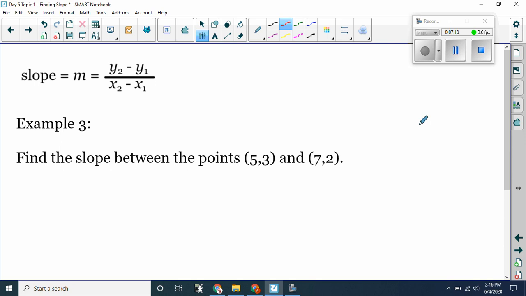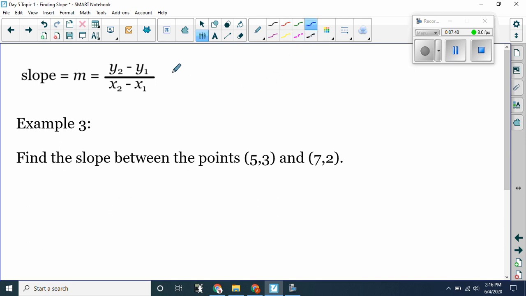So example 3 asks us to find the slope between the points 5, 3 and 7, 2. When you do this, the first thing you're going to want to do is label your points.